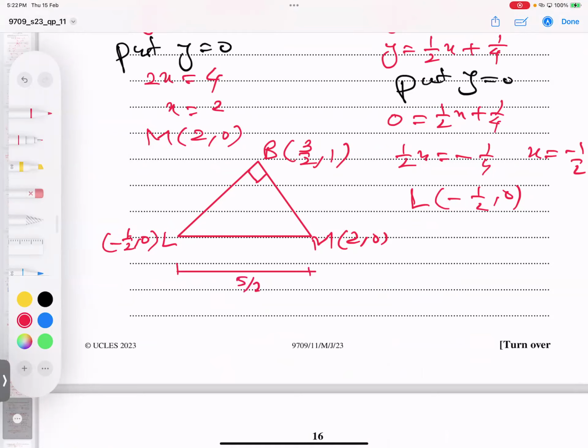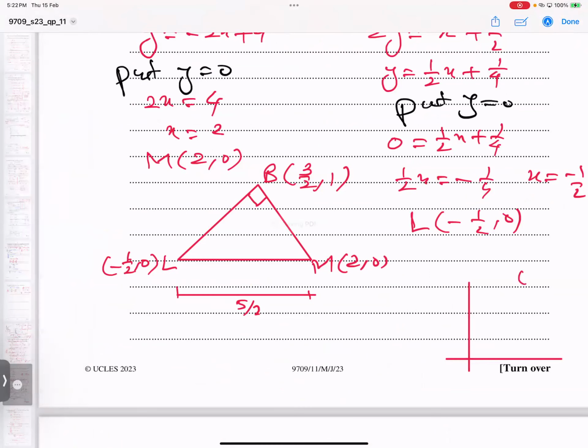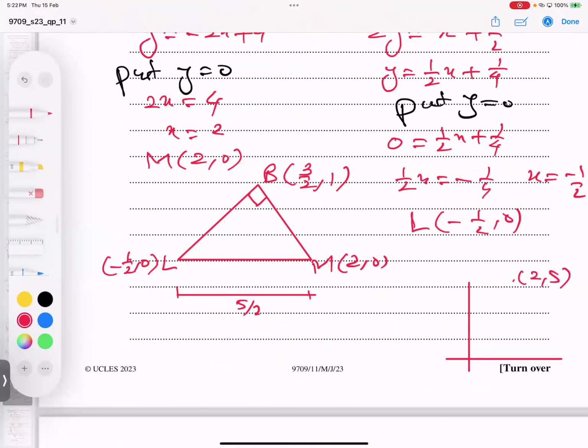Now, very interesting, before I start the next part, my question for all students: think about it. If I have a point (2, 5), can I say this distance is 2? Correct. Can I say this distance is 5? Correct. I repeat: what does (2, 5) represent? The x value is 2 and the y value is 5.